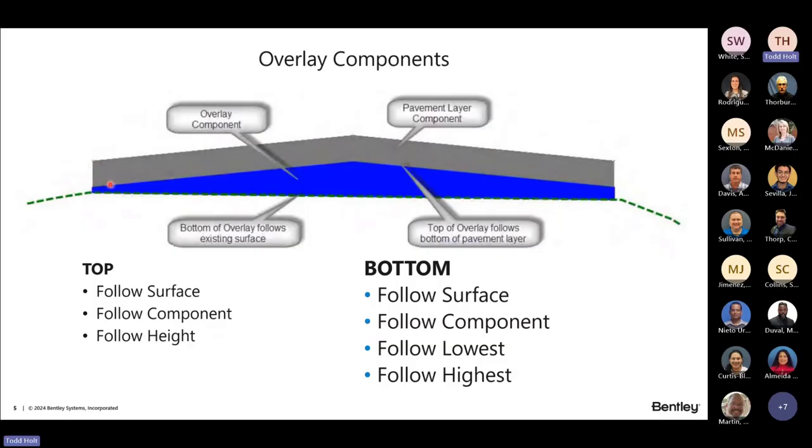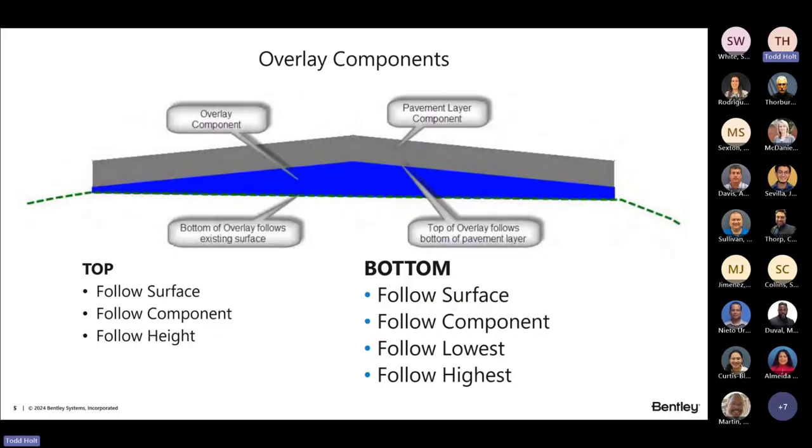At the bottom of our pavement design, we're going to put a milling component, and that's going to give us an overlay component from the existing ground back up that we need to build or overbuild. So overlay or overbuild, we're going to build that back up. If we're below that existing ground, that's going to be our milling component that we're going to build out. So there's different criteria for the overlay components. For the follow surface, we have a top option and a bottom option.